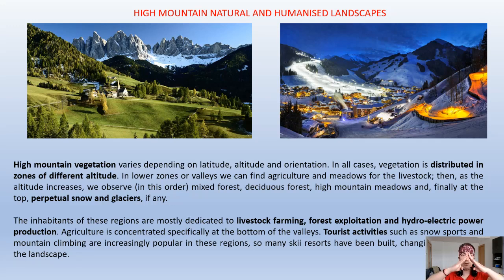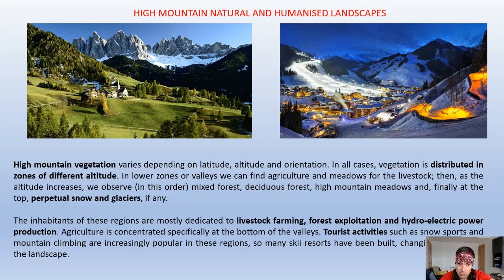In the same mountain, here you have some type of vegetation and here you have another type, okay? That's the orientation. In all cases, vegetation is distributed in zones of different altitude. So the vegetation is not the same at the bottom of the mountain as at the top of the mountain, okay? They have like floors, like if it was a building of vegetation.